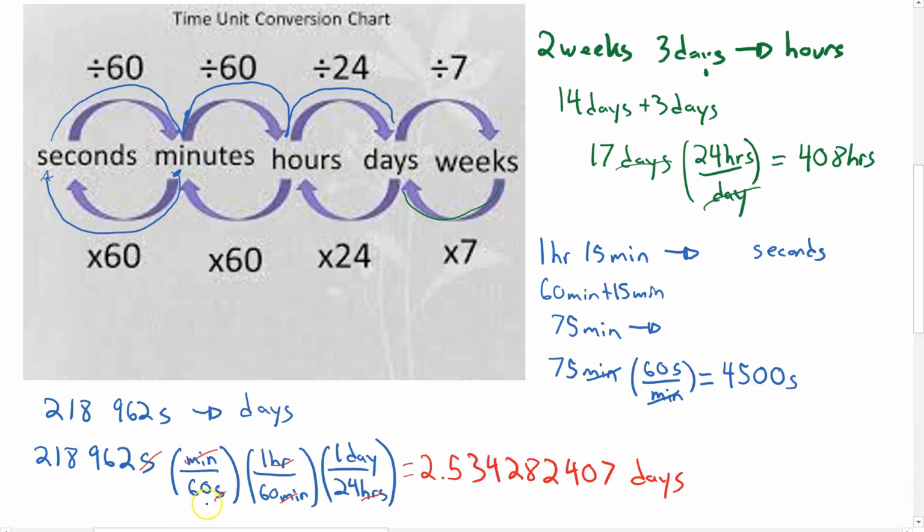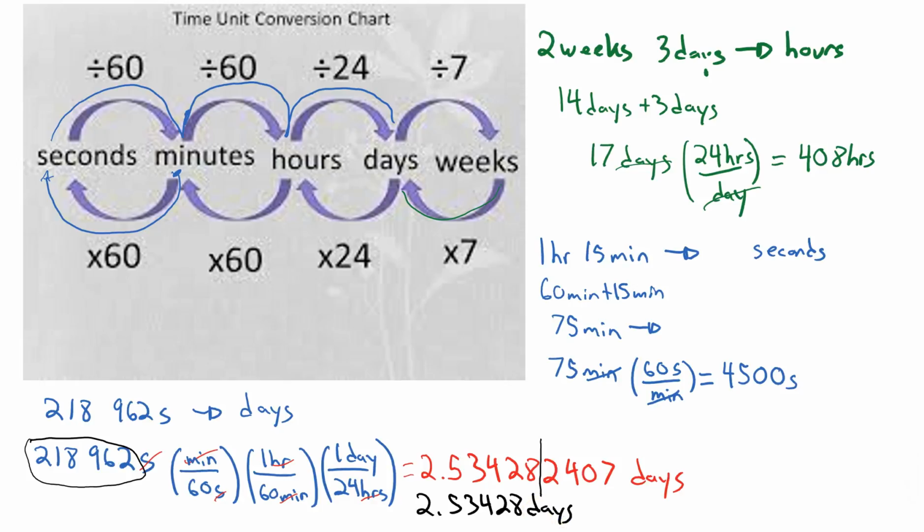I know there is exactly 60.0000000 seconds per minute. So my limiting factor is the number of sig figs in 218,962, which has 1, 2, 3, 4, 5, 6. I should round it here: 2.5348 days.